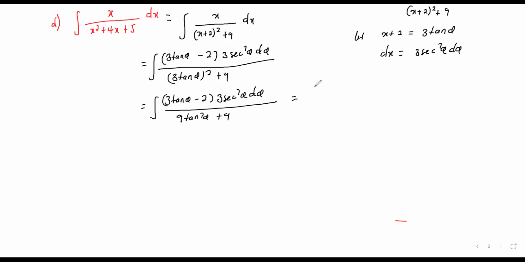If we factor out 9, then... oh, sorry, the 3 is not as I've mentioned it. We have a 3 tan theta minus 2, we leave it like that, and the 3 sec squared theta d theta. We're dividing by, we factor out 9, then it will be tan squared theta plus 1.